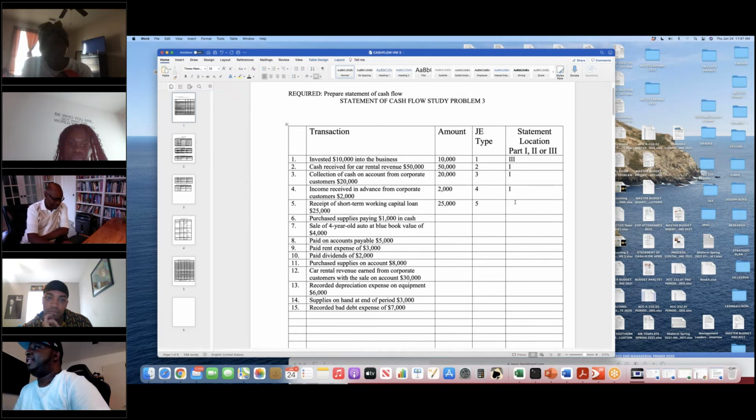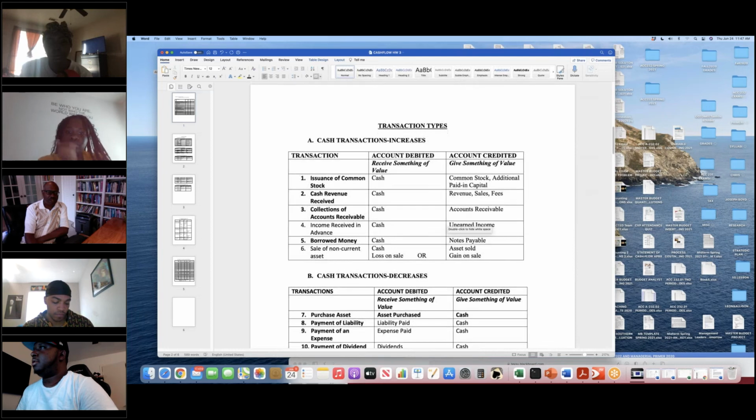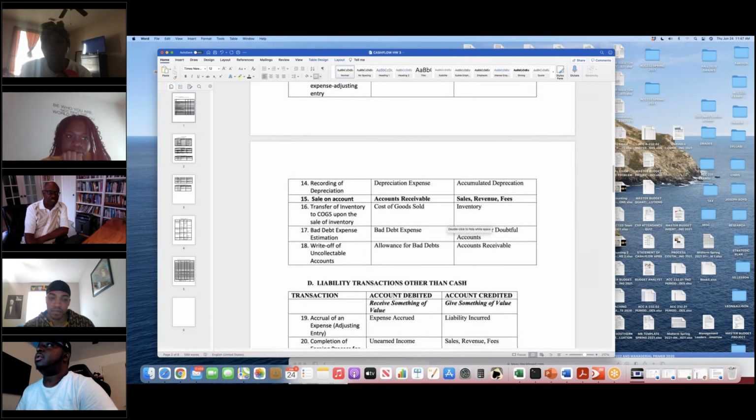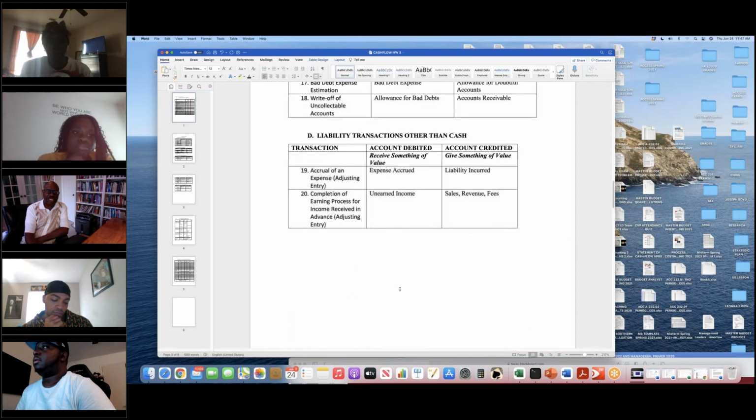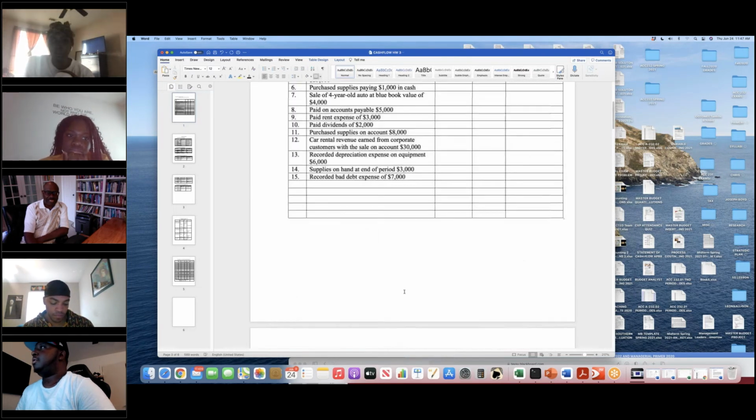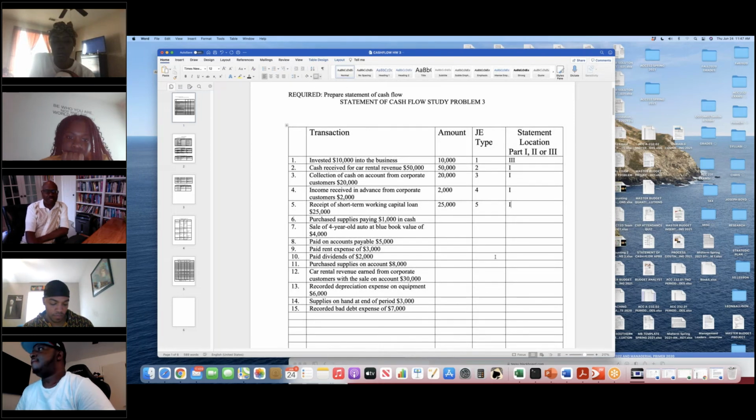For type 5, I chose 1 for that one, section 1, because it's a short-term loan. So that's throwing you off a little bit. If it's a short-term loan, it's gonna be in part 1. The long-term is gonna be in part 2. Appreciate the help. Okay, that's why we're going over it.